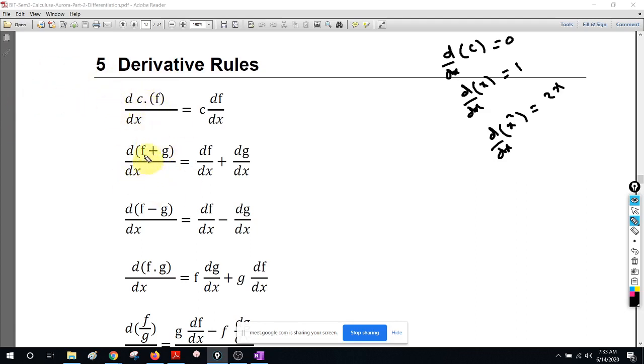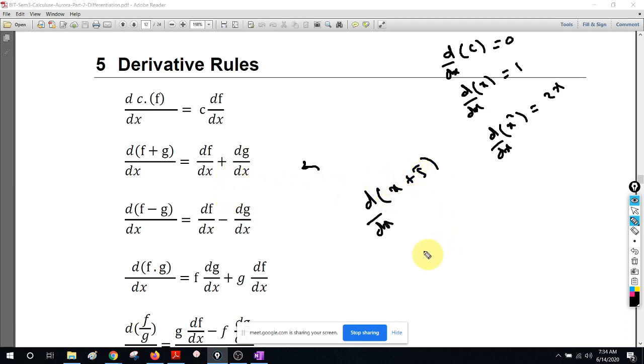The second rule says if you have the summation of two functions, you can differentiate them separately and sum the results, right? That is the second rule. For each one I'm giving examples. For example, say I have to find d by dx of x plus 5. Now it's something like f(x) plus g(x).